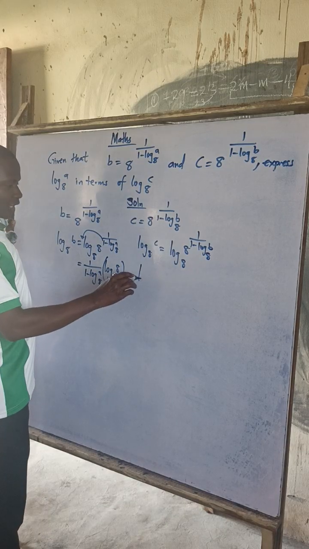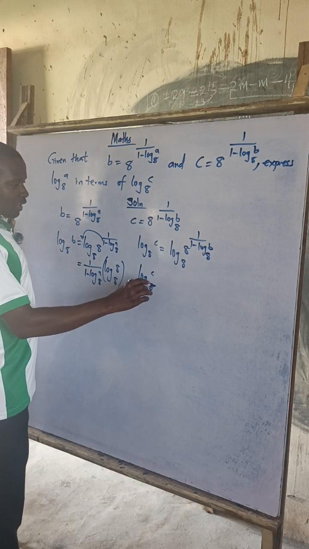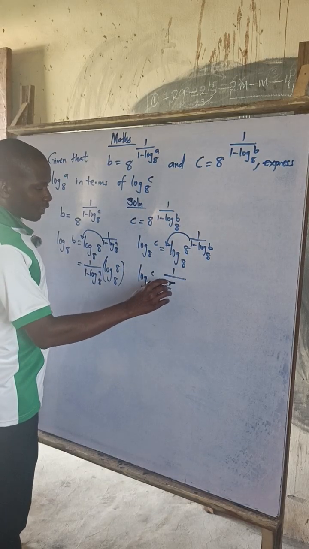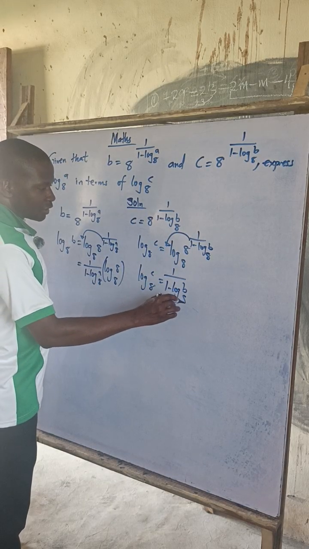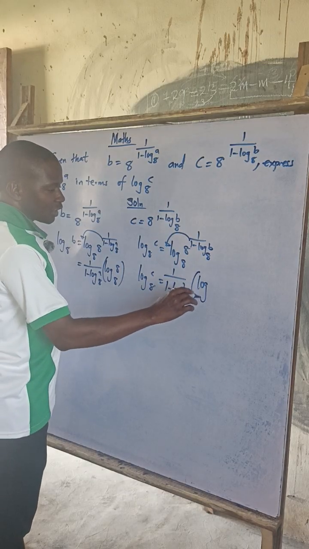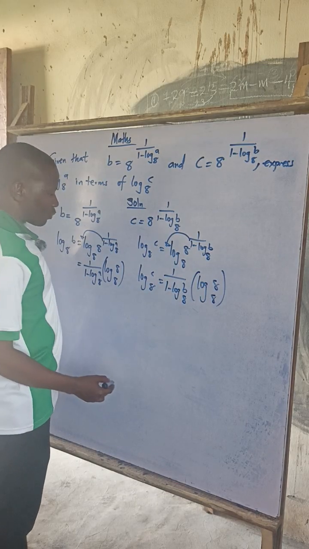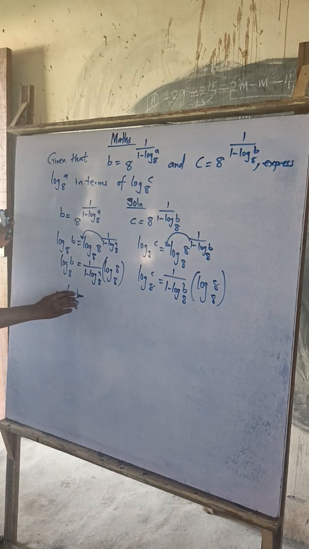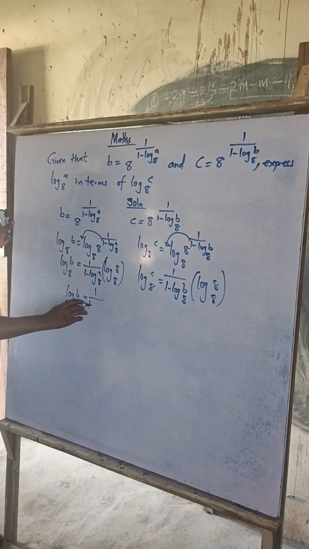The same thing applies here: log c to base 8 equals 1 over 1 minus log b to base 8 times log 8 to base 8, which is also 1. Therefore, we have log b to base 8 equals 1 over 1 minus log a to base 8.